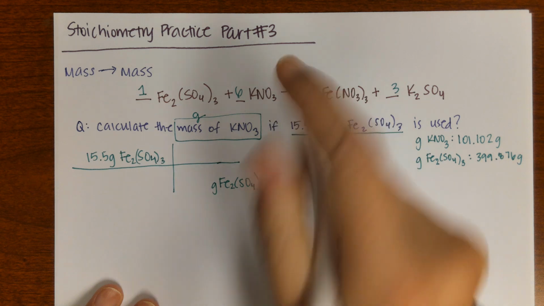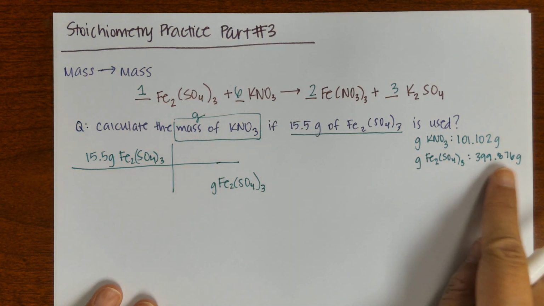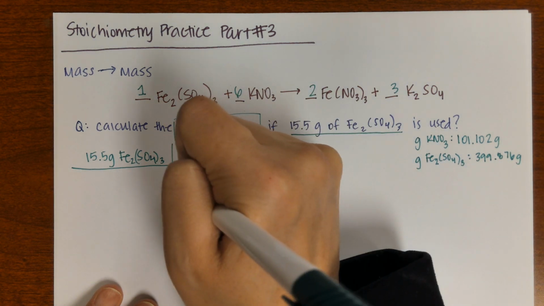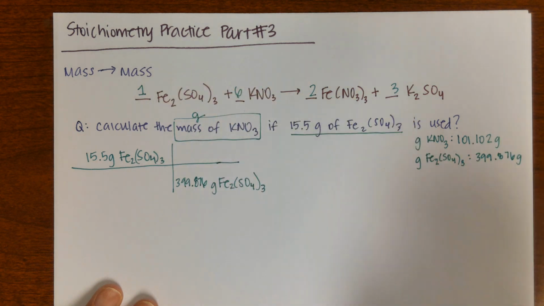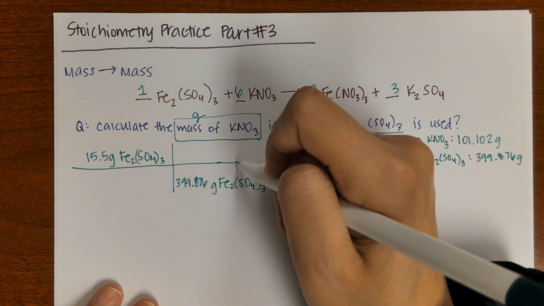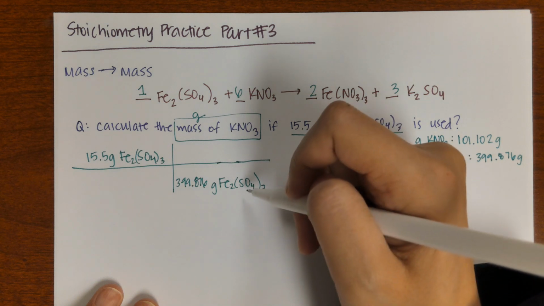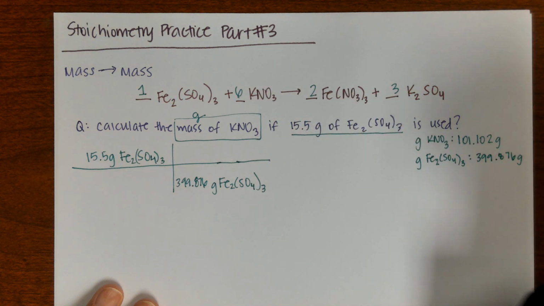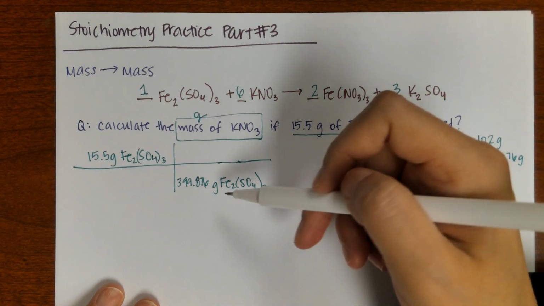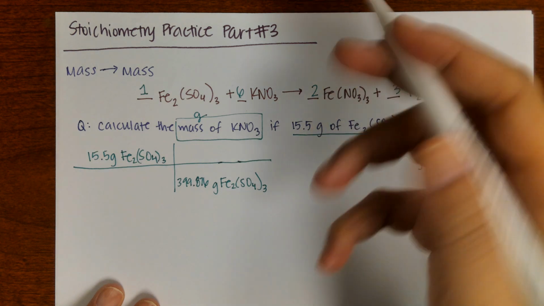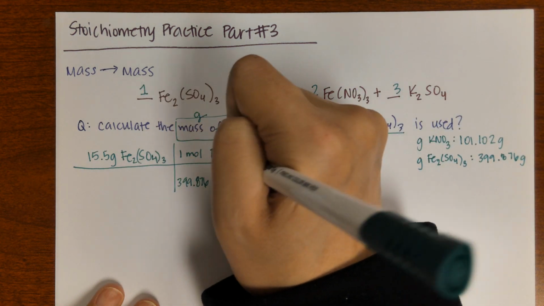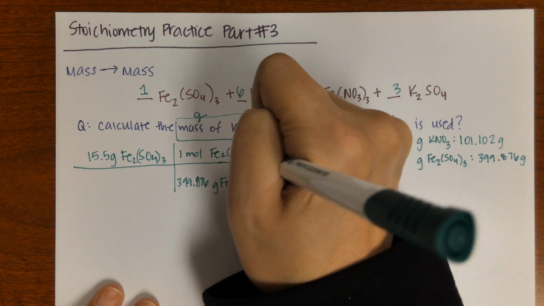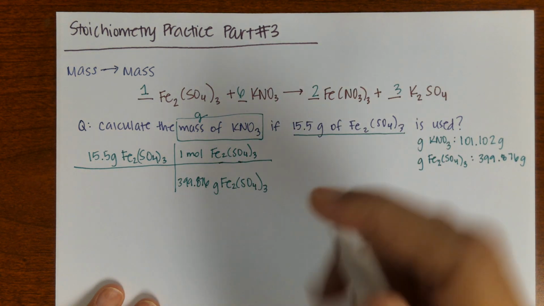Luckily we already have our grams ready to go, so I'm going to put 399.876. And now the opposite side: remember, molar mass is always mass per 1 mole. So whatever it is, grams of anything, the opposite side is always 1 mole of that compound.